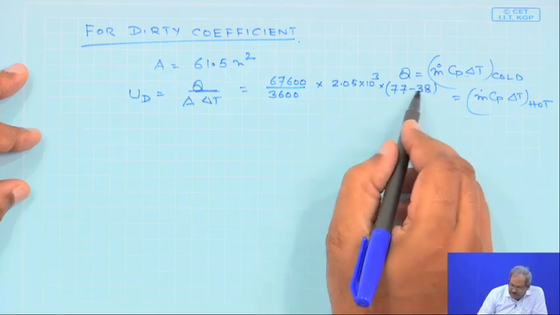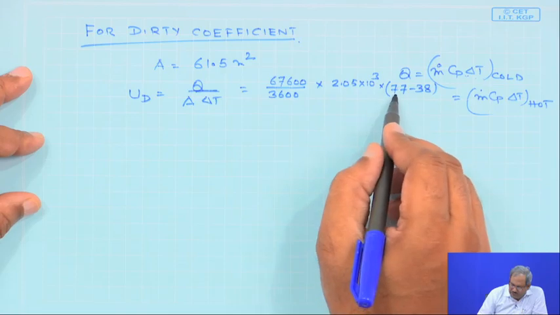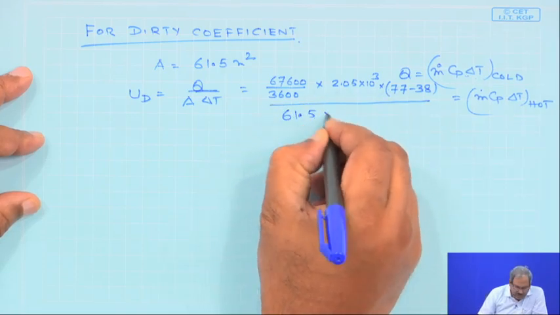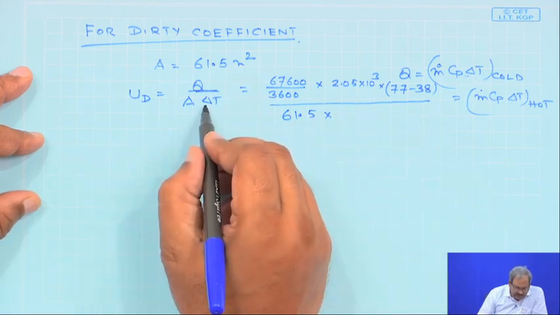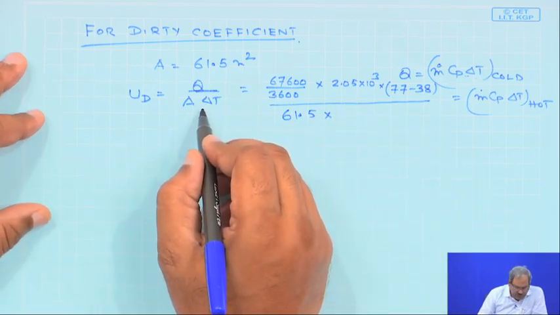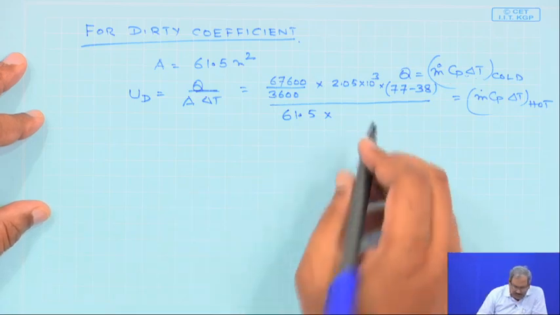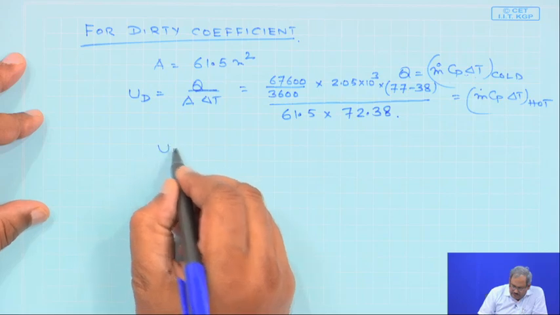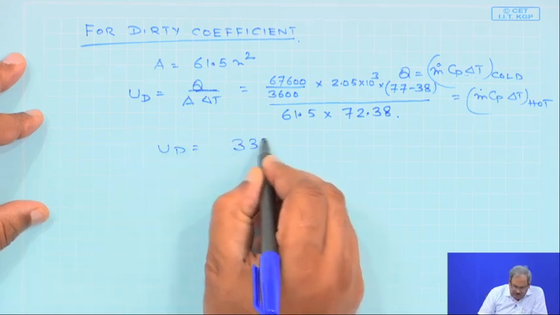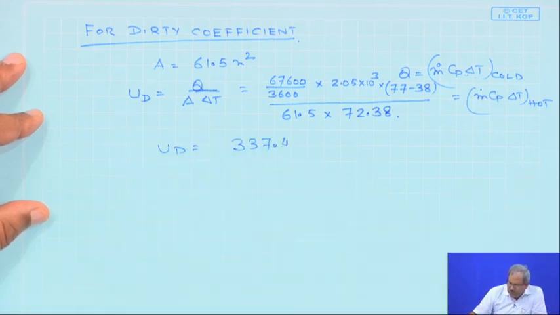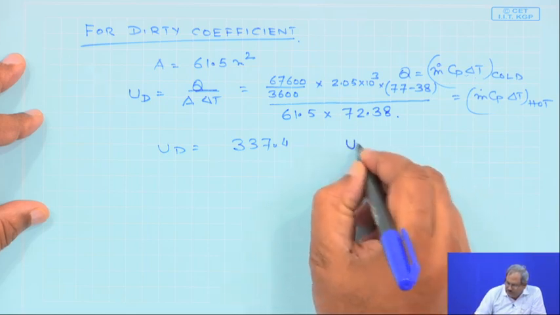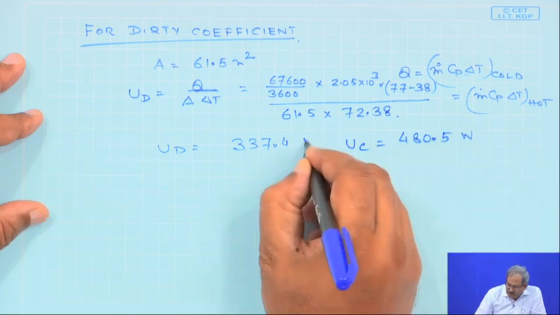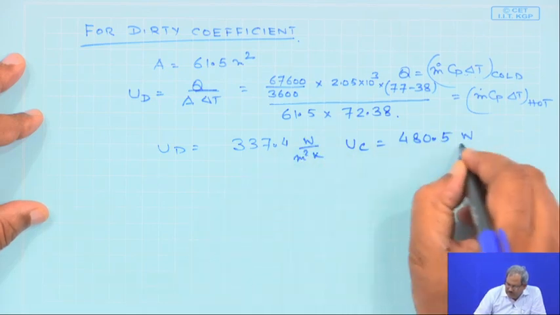So, from 38 the cold side fluid temperature has risen to 77, the area is 61.5, and the delta T, this is the corrected value of the log mean temperature difference, which we have calculated to be 72.38, and therefore, Ud is 337.4. So, from our previous calculation, we have found Uc to be equal to 480.5 watt per meter square Kelvin.